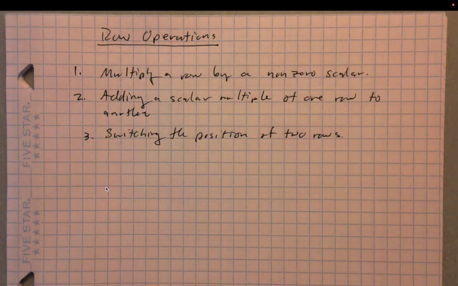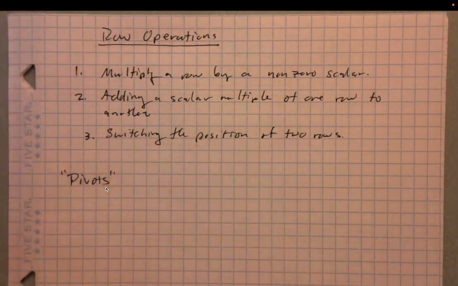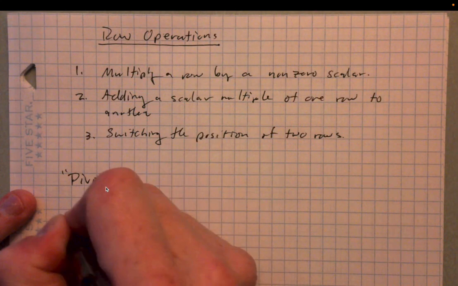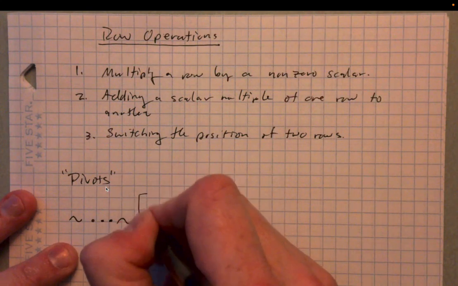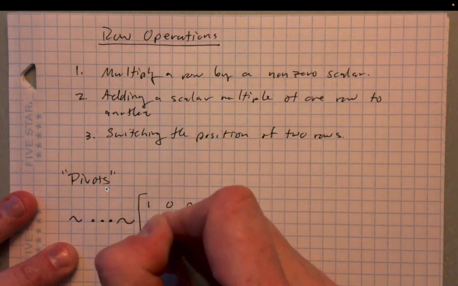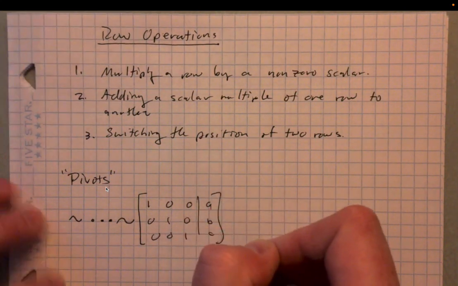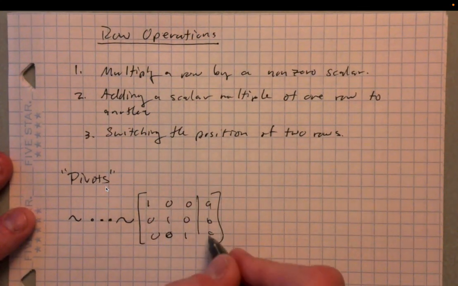And so there's a general strategy that we want to adhere to, and the strategy is going to revolve around what are called pivots. Like in the strictest sense, you'll recall that we had our matrix operations, and what we hope to get to in the end is something like this, where we have kind of a diagonal matrix or maybe an upper triangular matrix.